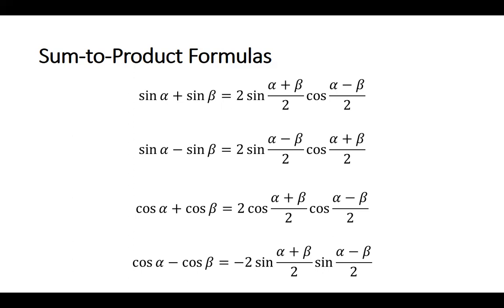Maybe you notice that for the sine formulas, for addition you had alpha plus beta and then alpha minus beta. For subtraction, you had alpha minus beta and then alpha plus beta. So maybe you pull that out of it. Whereas for the cosine functions, it was always alpha plus beta, alpha minus beta. Just trying to give you some thoughts of how you might remember these.